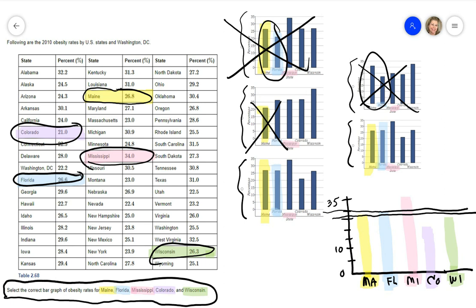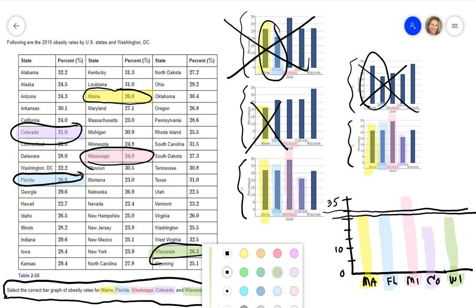And then the pink should be right under 35, right under 35, that looks good. Purple is 21, that should be just above 20, which it is. So we're now looking at the last one, which is green.